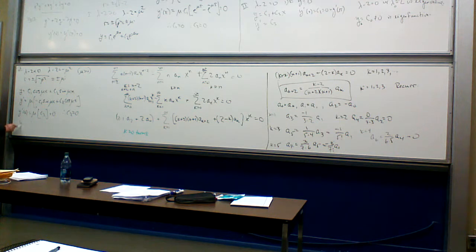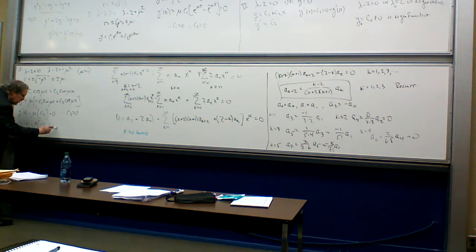And then y prime at pi. Let's see, what have I got left here in y prime? There's a mu, a negative C1, sine of mu pi. The C2 was 0.